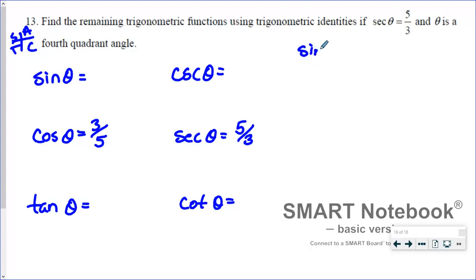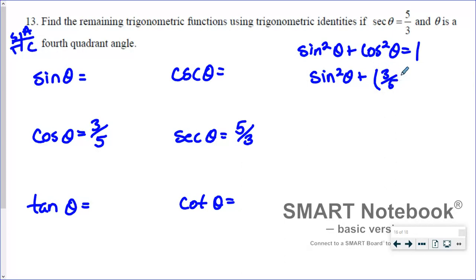We can always use that, since we know sine or cosine, that sine squared theta plus cosine squared theta is equal to 1. So I know cosine theta is 3/5, so sine squared theta plus 3/5 squared is equal to 1. So sine squared theta is equal to 9 over 25. Whoops, sorry, not equal to.